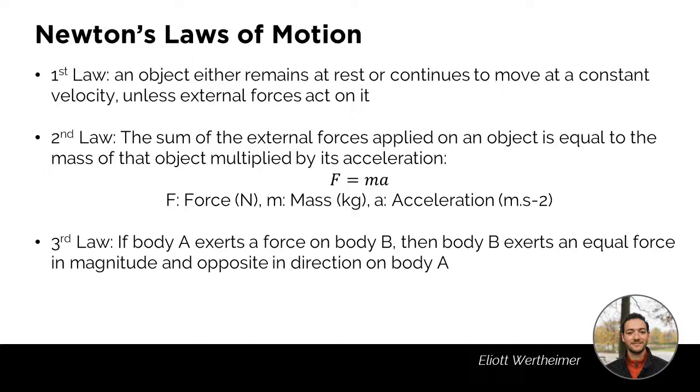The third law states that if a body A exerts a force on a body B, then body B exerts a force equal in magnitude and opposite in direction on body A. It's really easy to feel that in real life, because if you go against a wall and start pushing on it, hopefully that wall will not move.